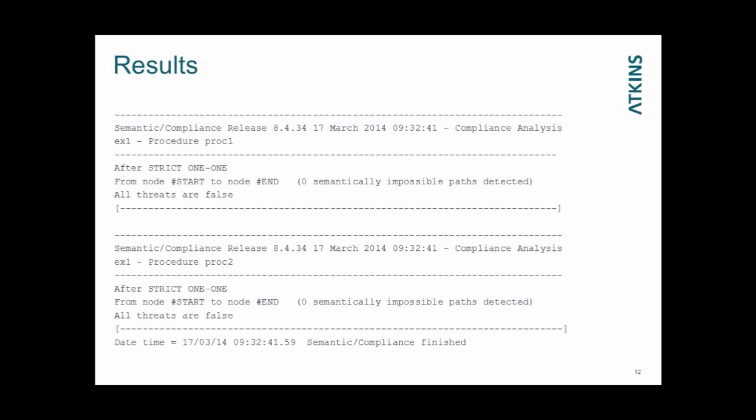When you've got faults and bugs in the code, you get a mathematical expression coming out here, which tells you the input values under which the code will not work. So the fact we've got all threats are false there means everything's okay. Something to take away there, and I'm running out of time, is that these static analysis tools these days are very powerful.